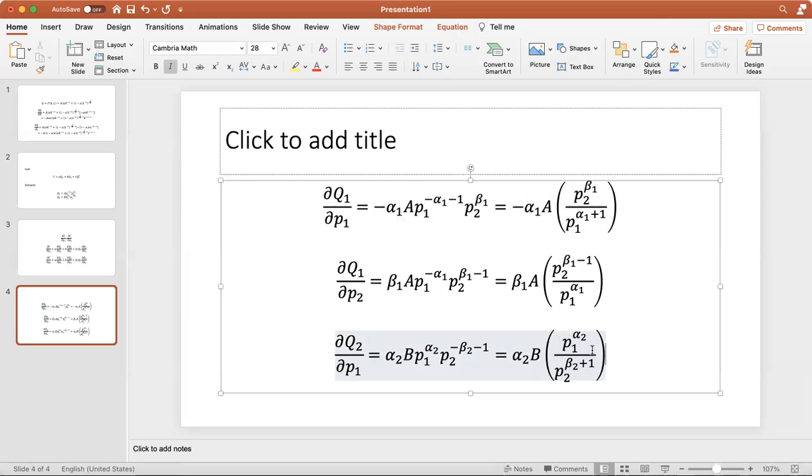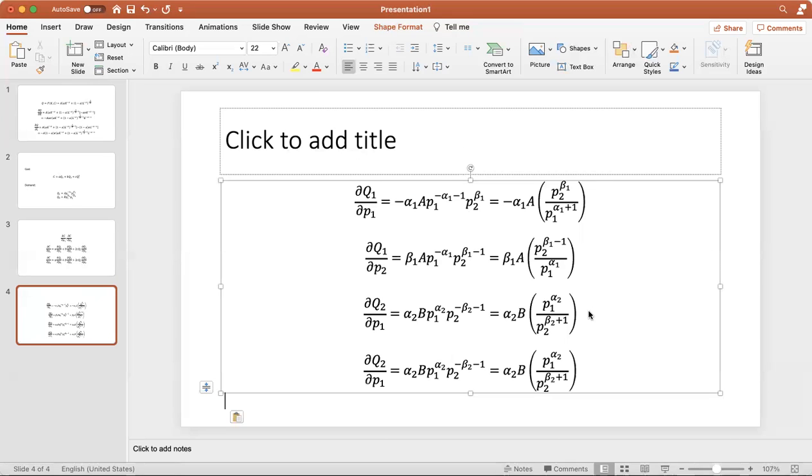Okay. Now for P2, it's gonna look like the second equation. So copy this. Let's just copy this. So 4 equations, right? We have P2.